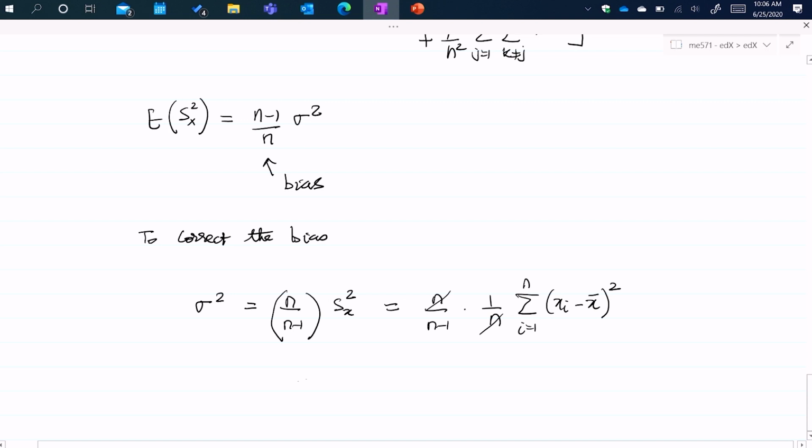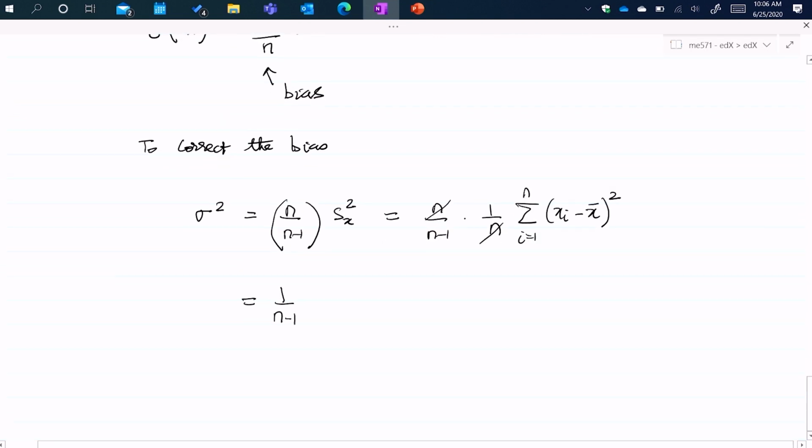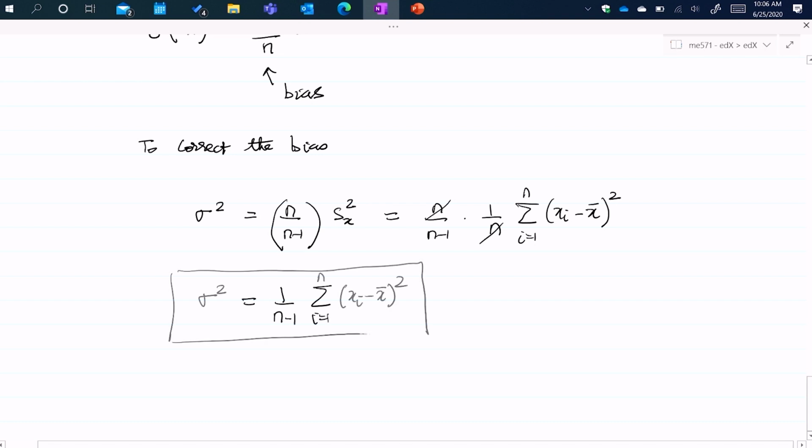So you cancel out the n's, and that gives us the formula for the estimate of population variance given a sample. Notice the 1 over n minus 1 in the denominator, and that comes about to correct the bias that we would have in our sample variance.